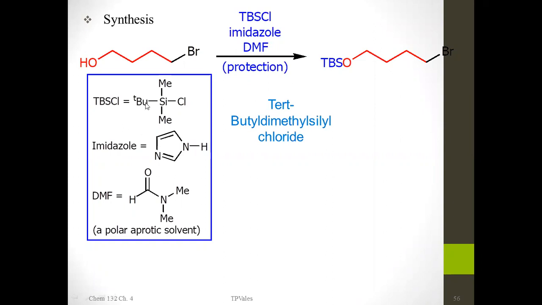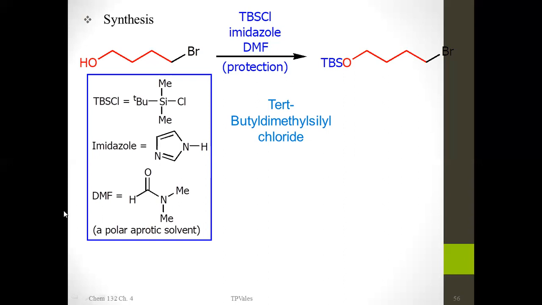So for instance, we use the TBSCl, your tert-butyl dimethylsilyl chloride. Here you have TBS. Okay, so we react that one in the presence of imidazole, and this is a base.